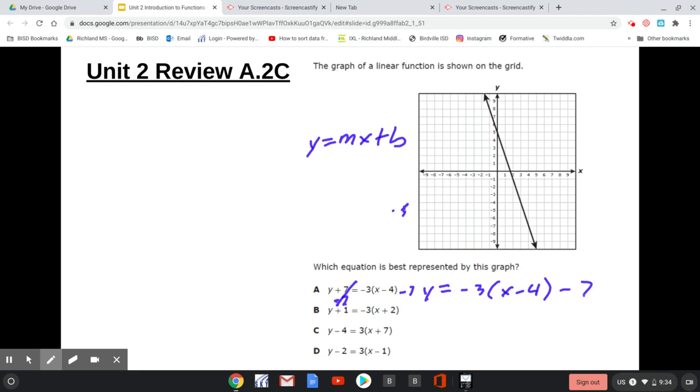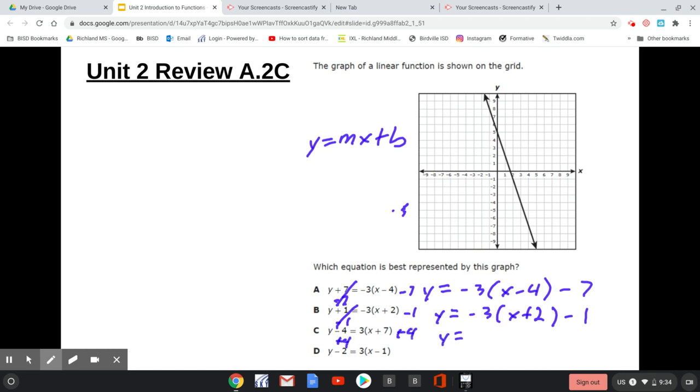The next one, we're going to subtract 1 on both sides. And that gives us y equals negative 3x plus 2 minus 1, because that goes away. This one we have plus 4 on both sides.